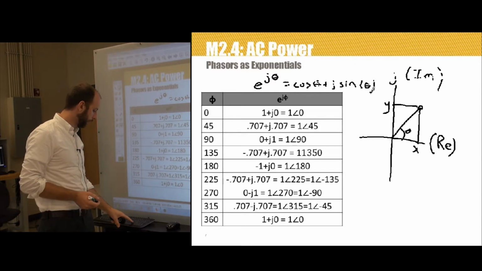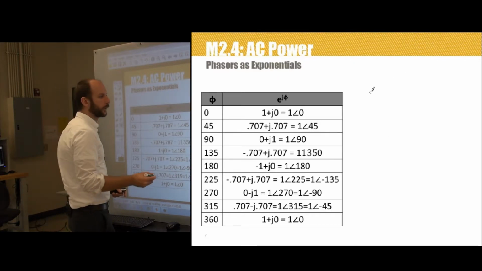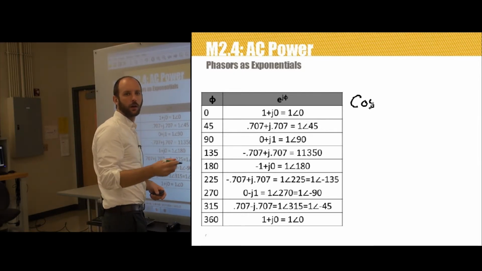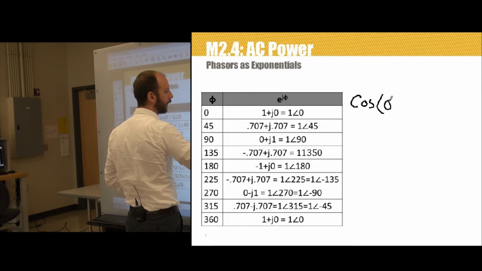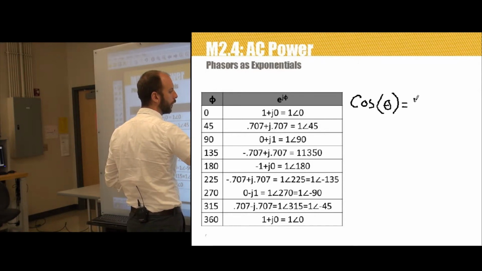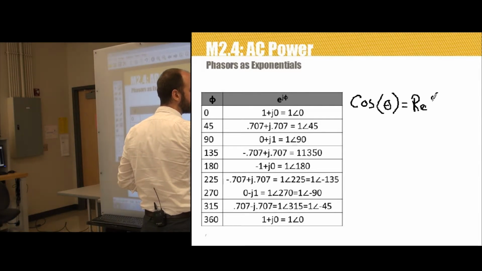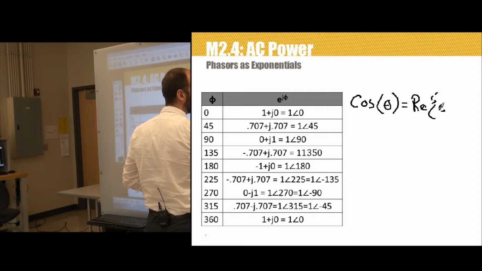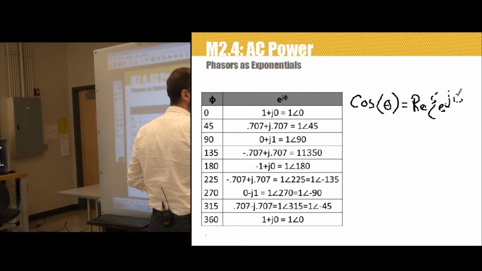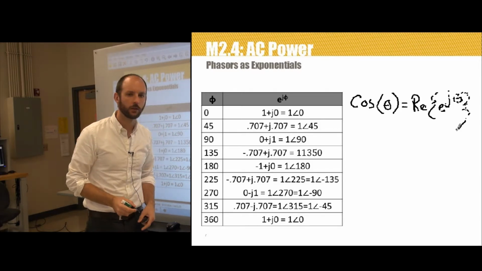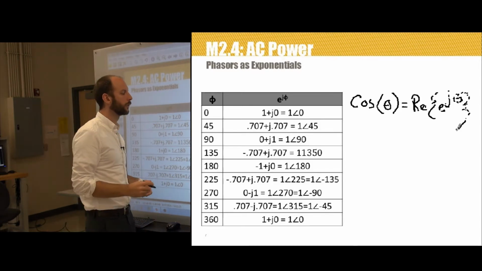So a lot of times we will write that as: the cosine of theta is equal to the real portion of e to the j theta. Sorry, pen's acting a little wonky there, but the cosine of theta is equal to the real part of e to the j theta. That just comes from inverse of the Euler's identity.